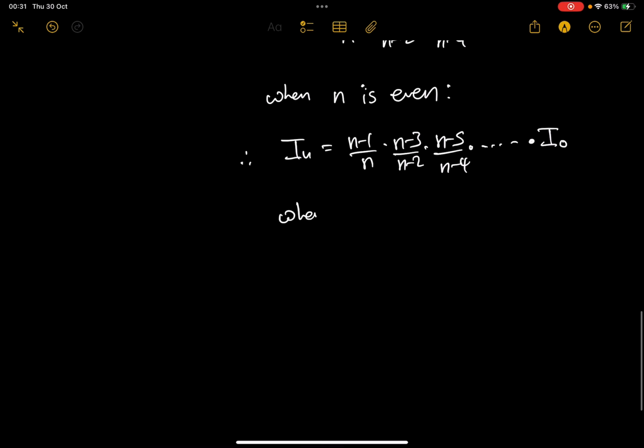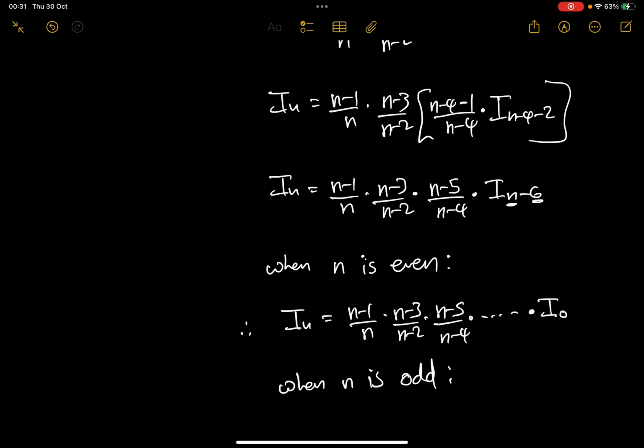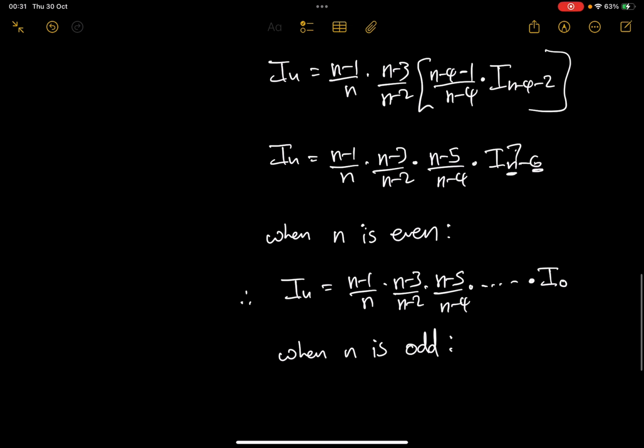And then when n is odd, what do we get? If this is 7, then it's going to be 7 minus 6, right? If n was 9, we're still going to get 1. 7 minus 6 is 1.